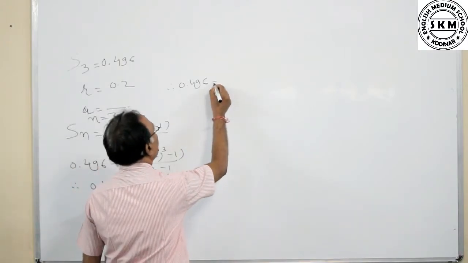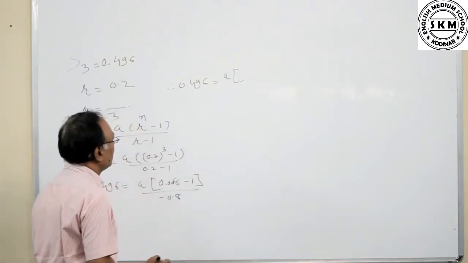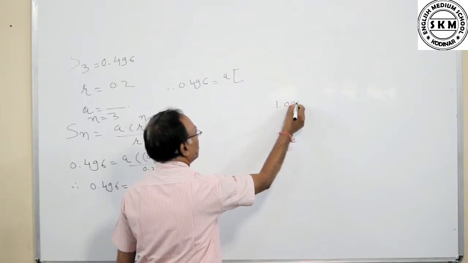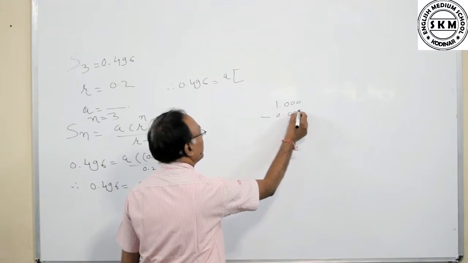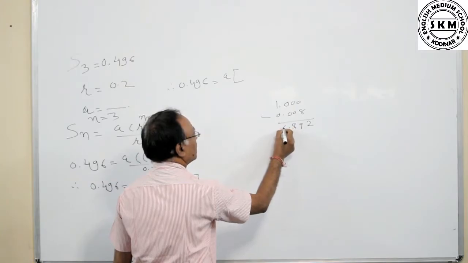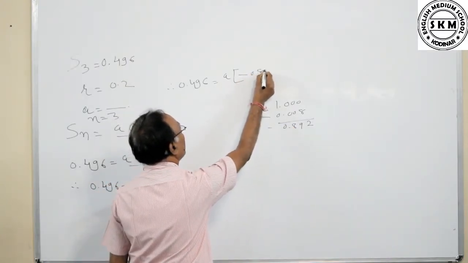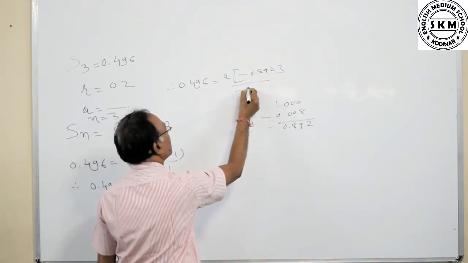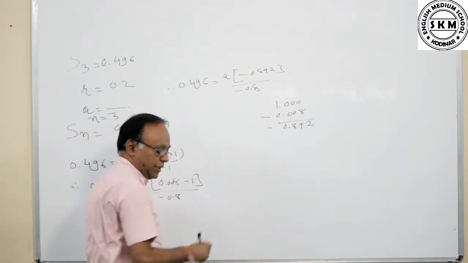0.496 is equal to A into 1.000 minus 0.008, so the answer is minus 0.992 upon minus 0.8.